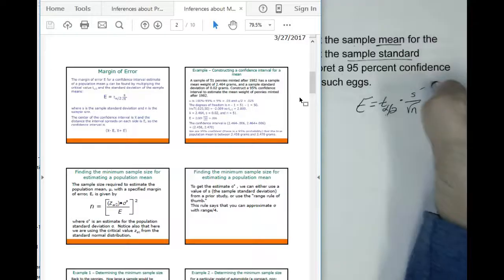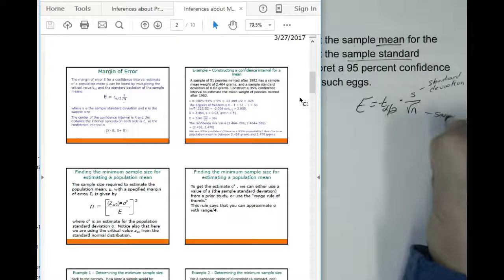The S is the standard deviation, so it should have given you a standard deviation. The N is the sample size.